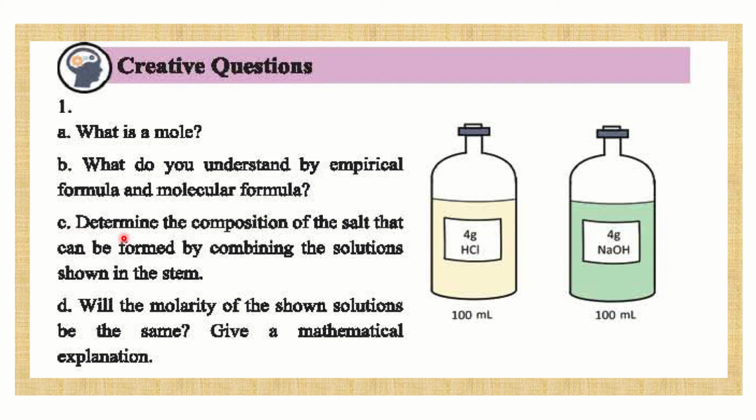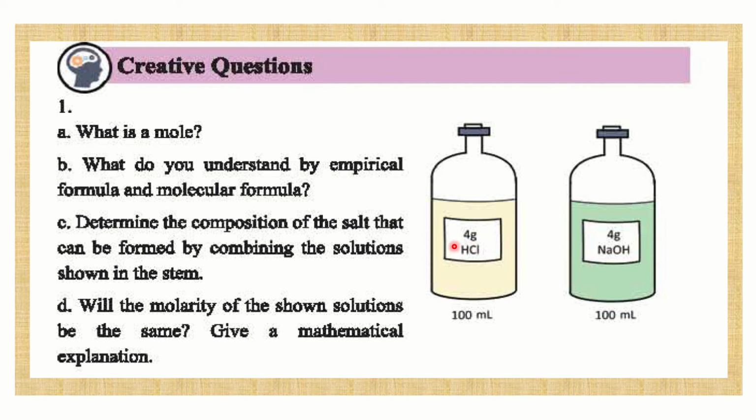Now C number, determine the composition of the salt that can be formed by combining the solutions shown in the stem. Composition means percent composition. Here you have to find out the percent composition of the salt. Look, this is an acid and this is a base. And we know if these two are mixed, then a neutralization reaction will occur and salt and water will be produced here.